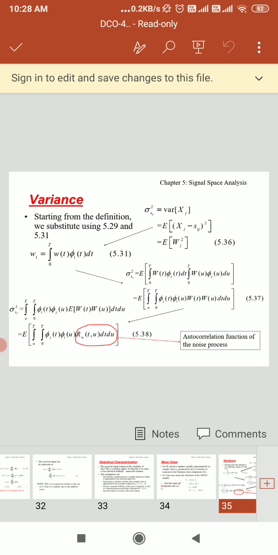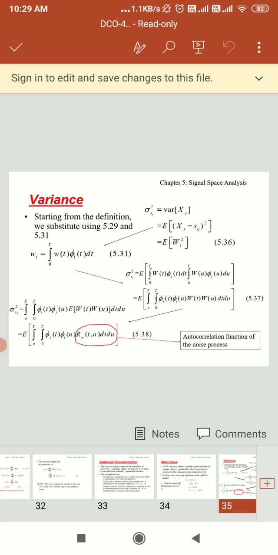So you will get sigma xj square equal to E in brackets, integration 0 to T w of t phi j of t dt into integration 0 to T w of u phi j of u du.